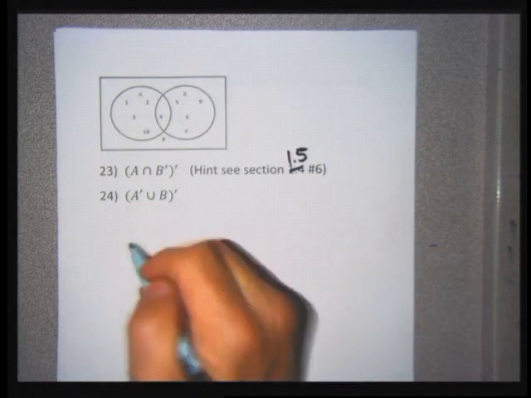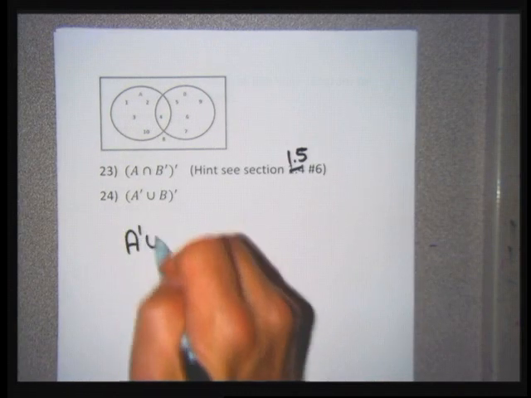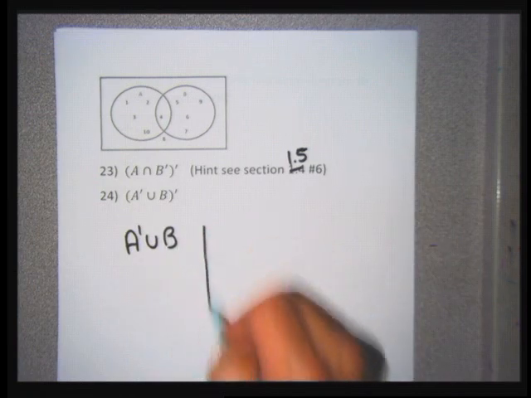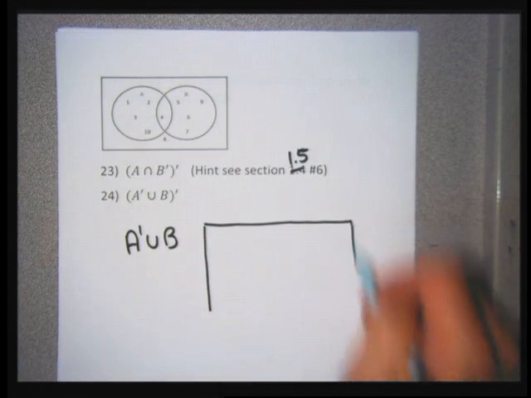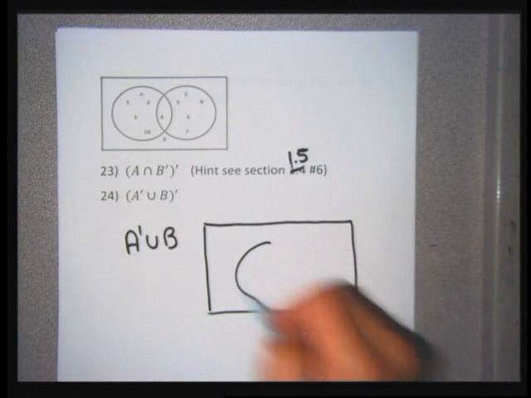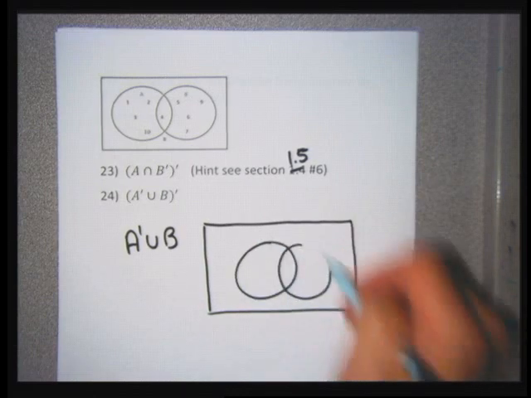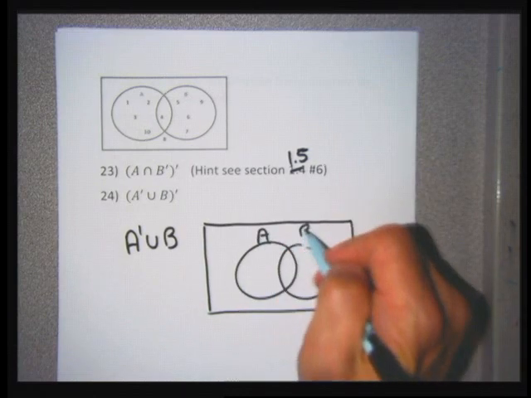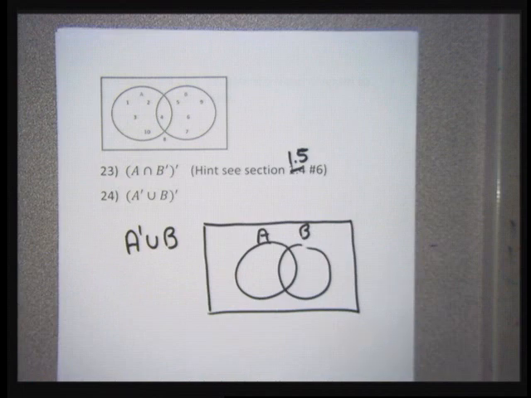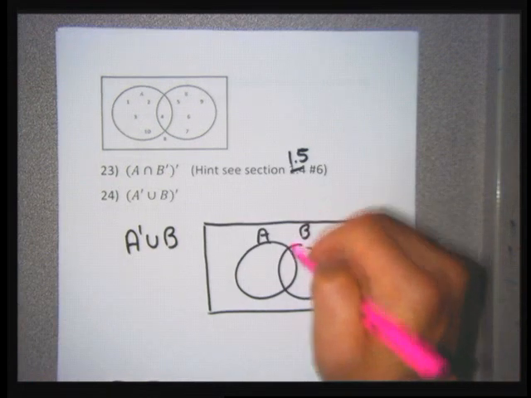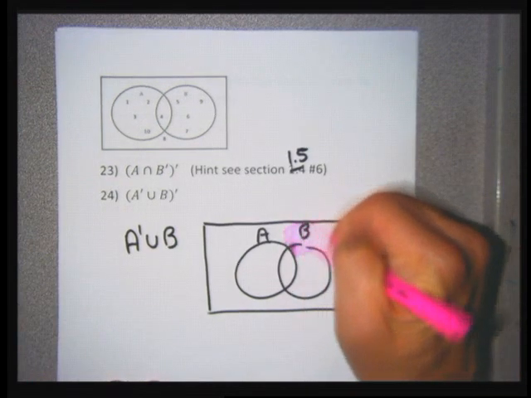So let me do A prime union B to start, and I can do that on one graph in one color. With unions, you need shading anywhere. So first I'm going to shade A prime. A prime is anything that's outside the A circle.